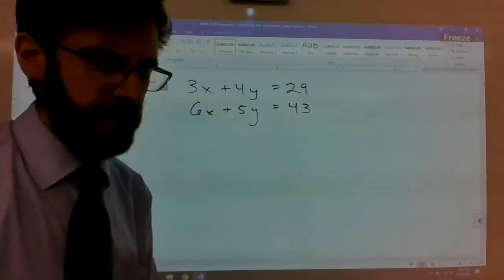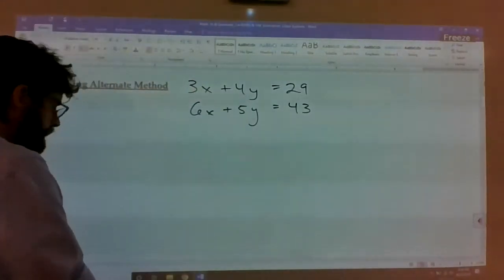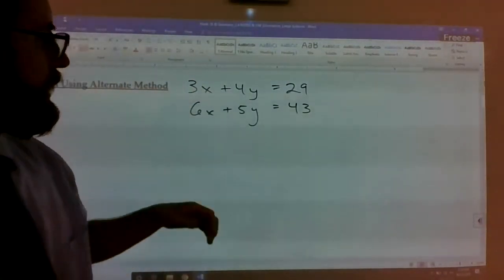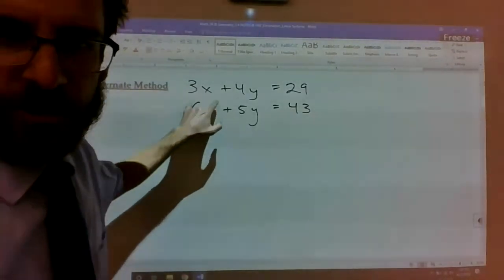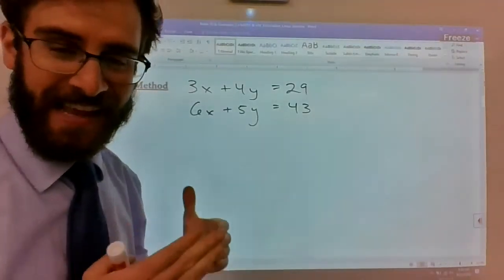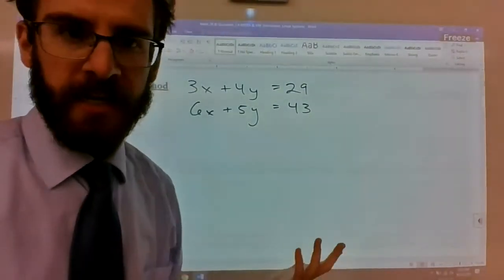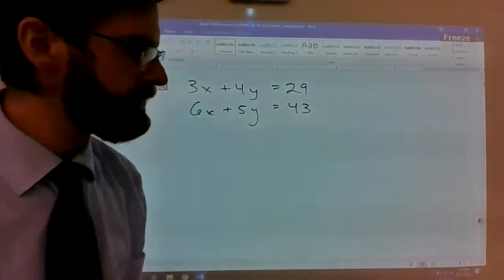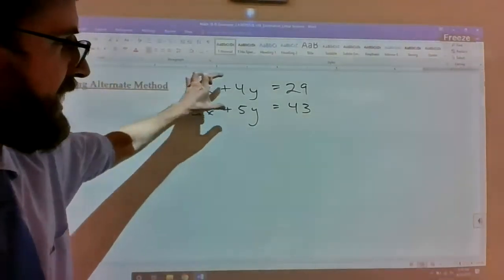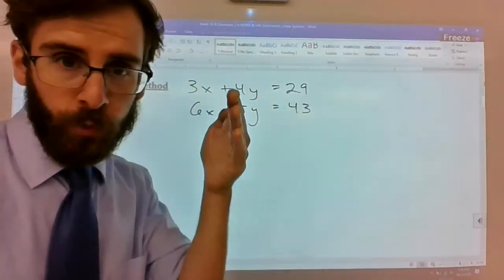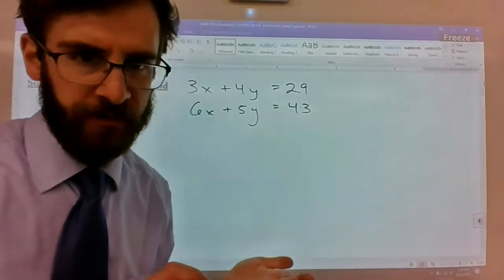Here's what elimination says: if I can make the x terms or the y terms the exact same number, but opposites, like 2 and negative 2, I have a quick route by which to get rid of one of the variables right away.